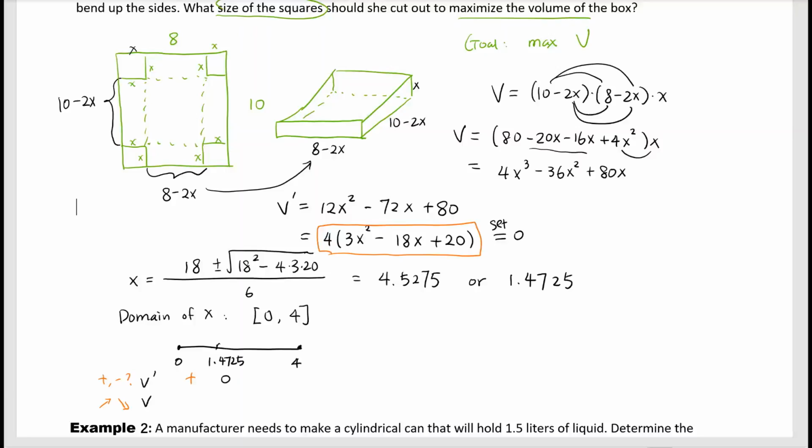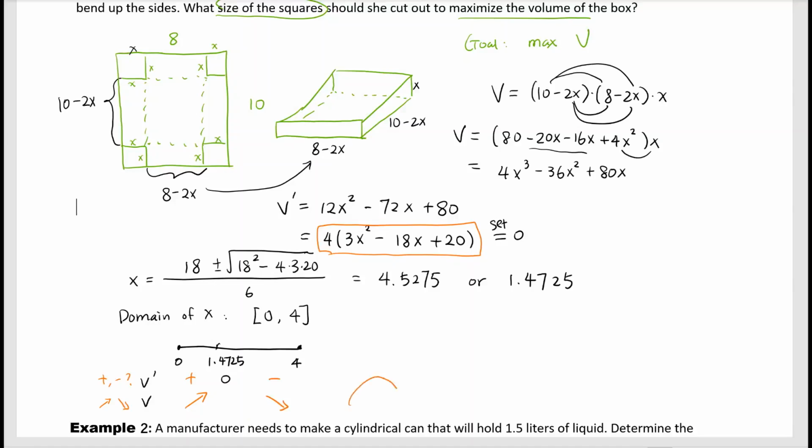And then 4 times 18 is 72. So we get negative here, okay? So if my v prime is positive, my v is increasing. If my v prime is negative, my v is decreasing.